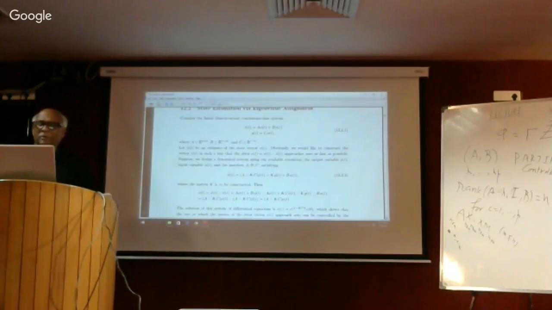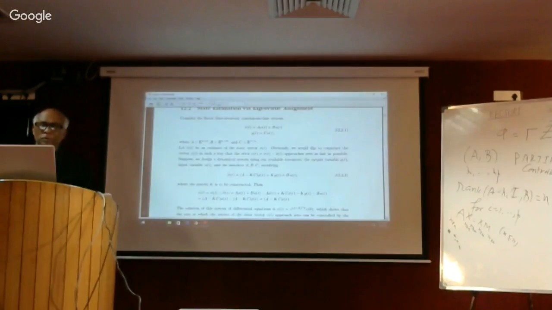Now, it turns out that if you construct your estimated state vector x hat t by using this differential equation, which involves only the known resources that you have at your disposal, A minus KC, but K is of course an unknown matrix. Everything else is known. A is known, y of t is known, u of t is known, C is known.